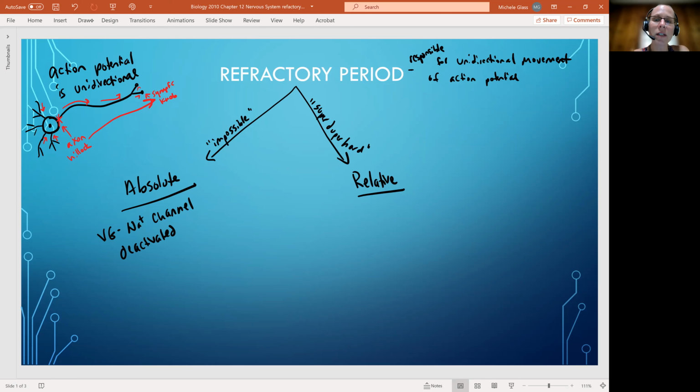In the case of the relative refractory period, you have voltage-gated potassium channels activated or open, and so you have to overcome all of the sodium that's leaving. So more sodium would be required to get to threshold.